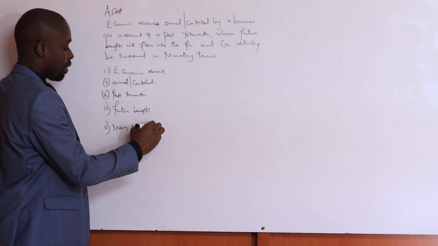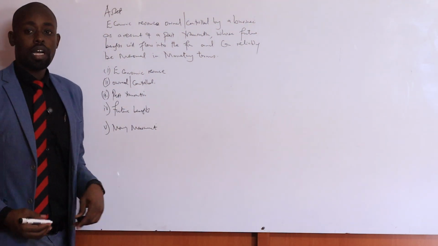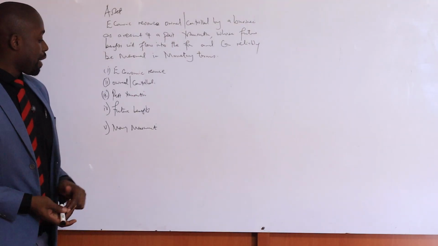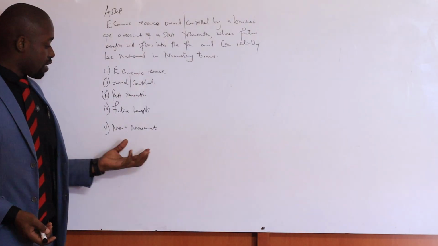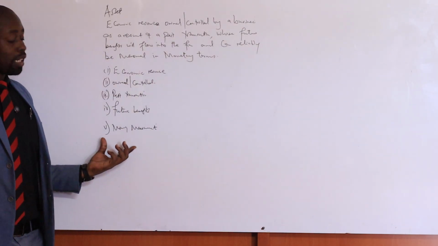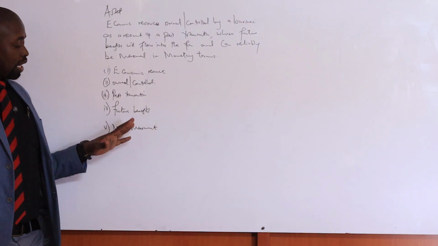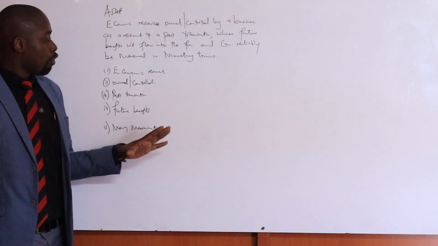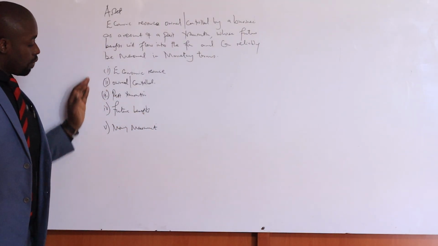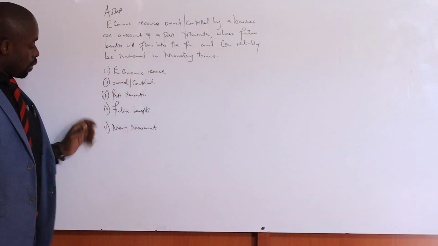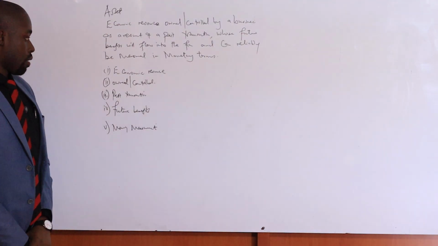You're saying for something to be said to be an asset, monetary value should be attributed to it. That is, its value or its worth can be measured with ease. So that's what you're calling money measurement. For anything that has got these features, it qualifies to be called an asset.